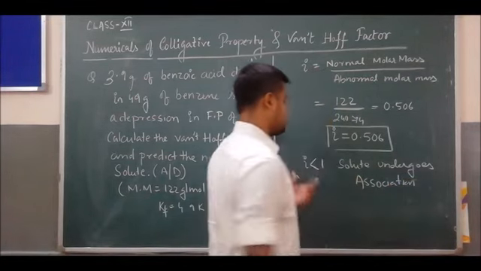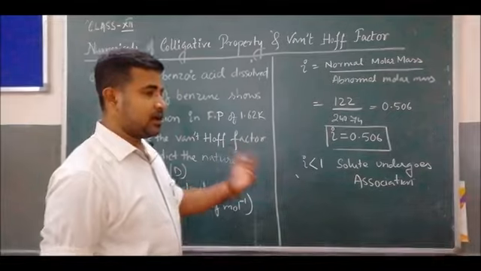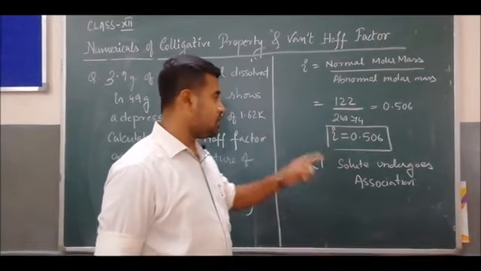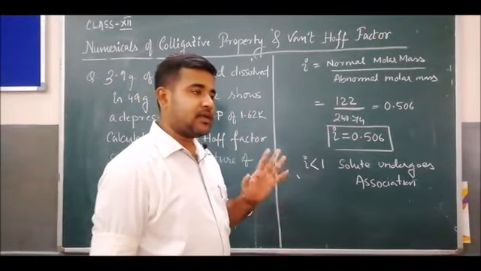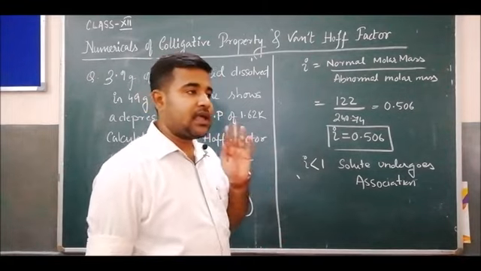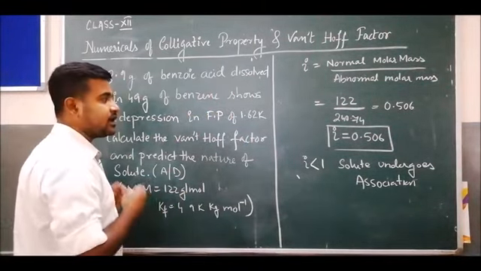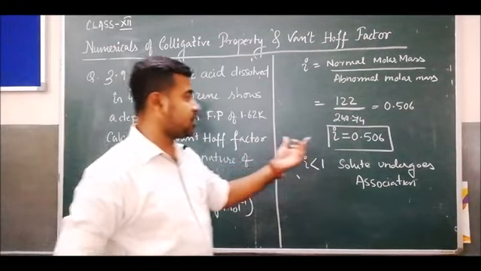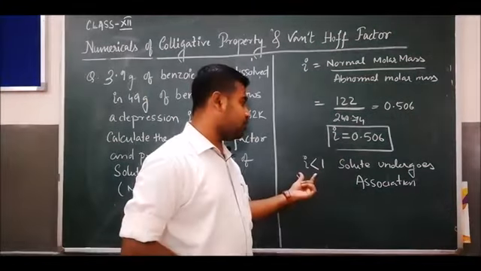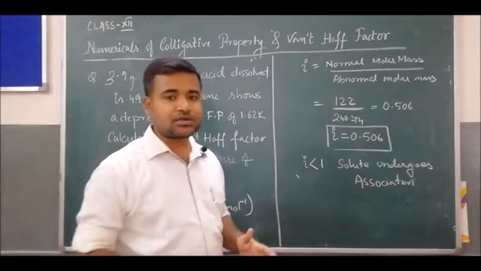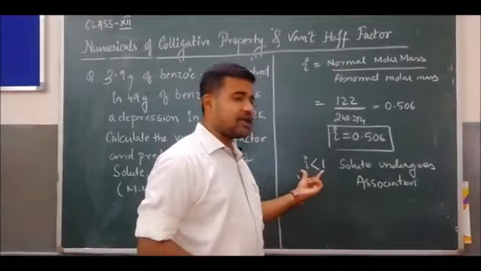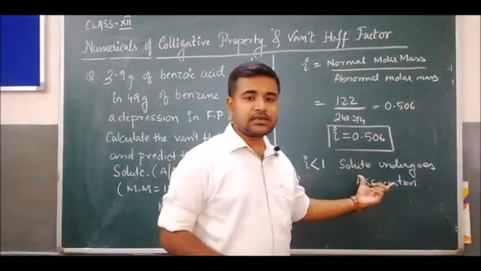When the I value is less than 1, it is association. When it is greater than 1, it is dissociation. When it is equal to 1, there is no association and no dissociation. Clear to all? So this is the second numerical in which we found the I value, and from the I value we told whether it will associate or dissociate. As the I value is less than 1, there is association.